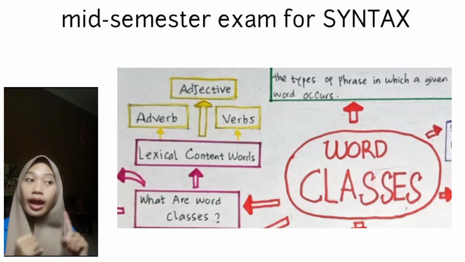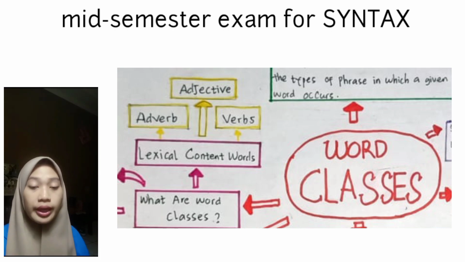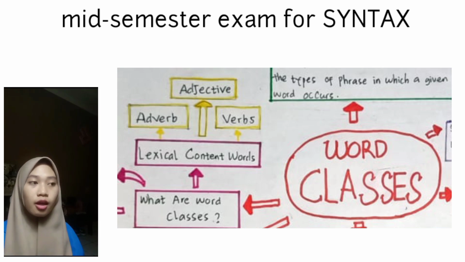The example, and, but, or, etc. The last is interjection. Interjection expresses strong emotion and is often used independently of a sentence. The example is wow, ouch, or others.